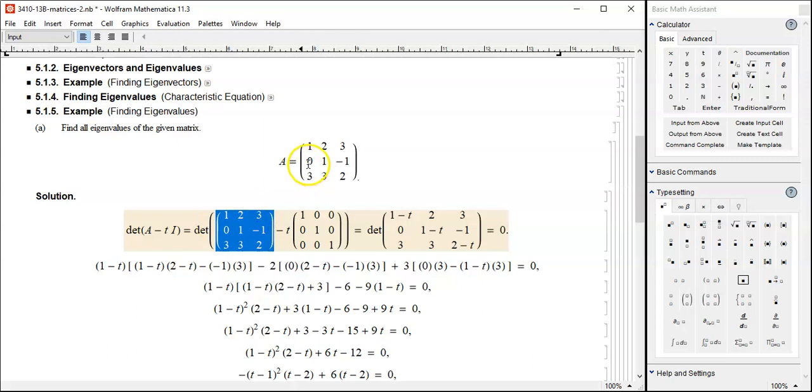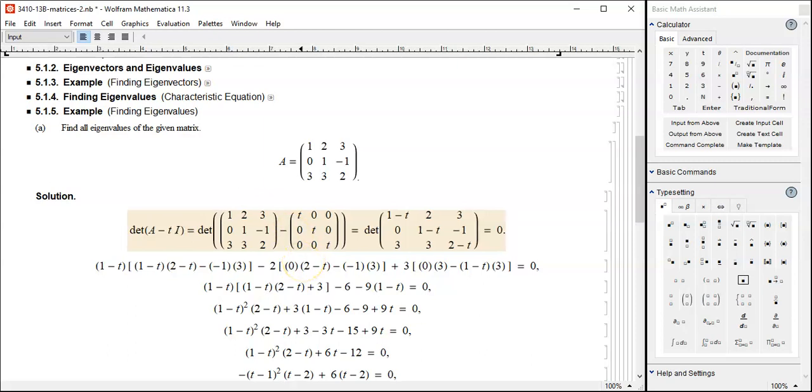So A is the original matrix here, and tI is t times I, so t, like this. You see? 1 times t is t, so 1, 0, 0, 0, 1, 0, 0, 0, 1, we can do like this. And then do the subtraction, you get this matrix.